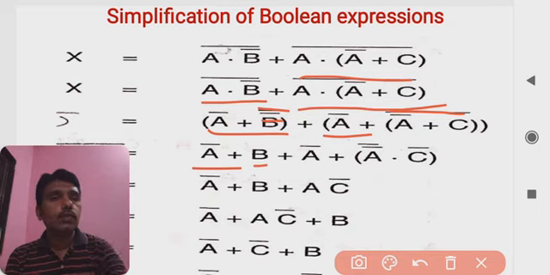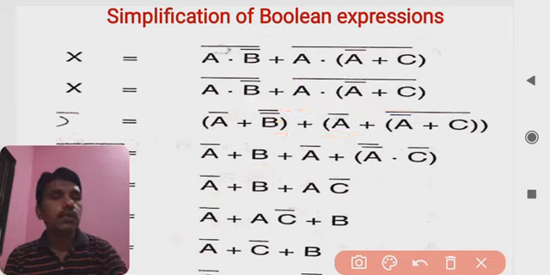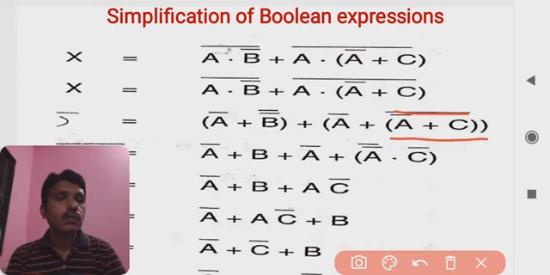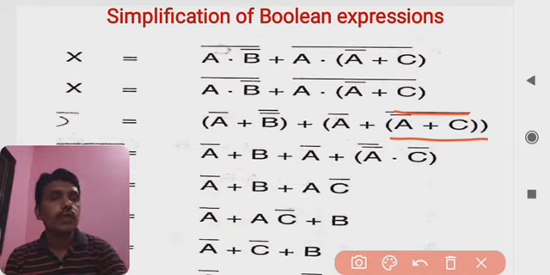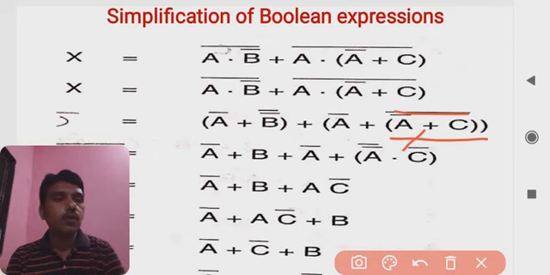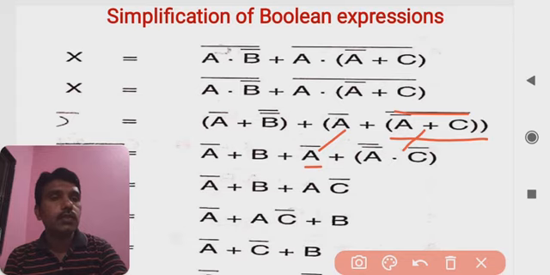And again, if you look at this stage here, A complement or C is complemented, so it is the complement of a sum. We can convert it into a product of the complements, and here again A complement or C is kept, and this is going to be converted into the complement of the product.